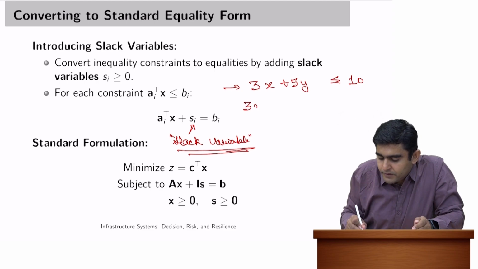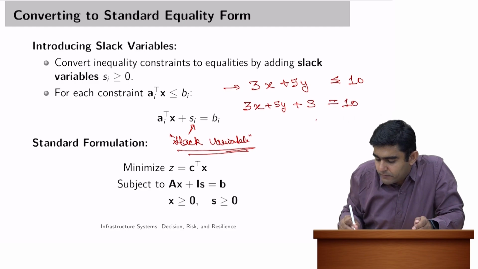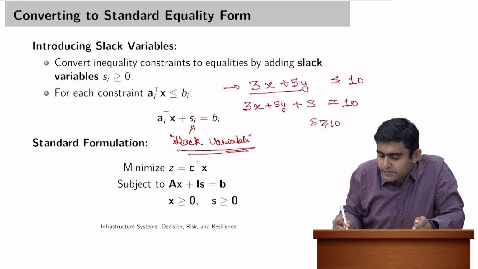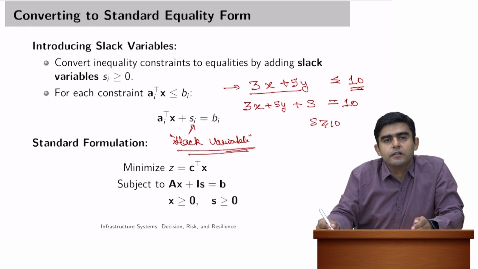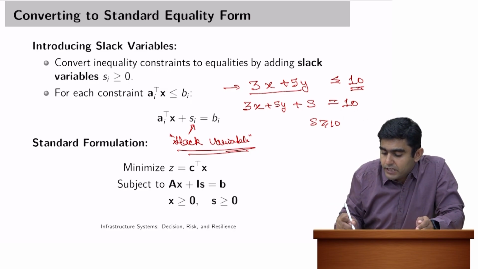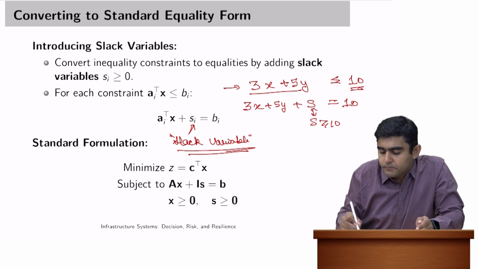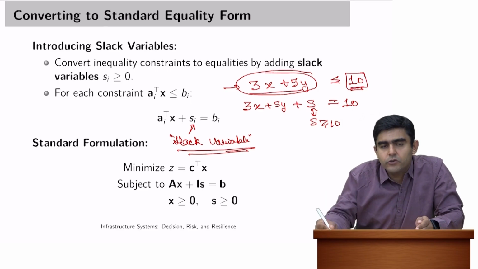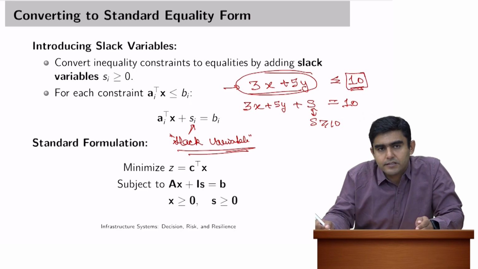But for that, I would need some other variable which is guaranteed to be positive, s ≥ 0, because the LHS is less than the RHS. It has to be less than or equal to the RHS. But to make it equal, I need to add some other positive number so that the LHS increases in magnitude and matches the value of the RHS, which is 10 in this case.